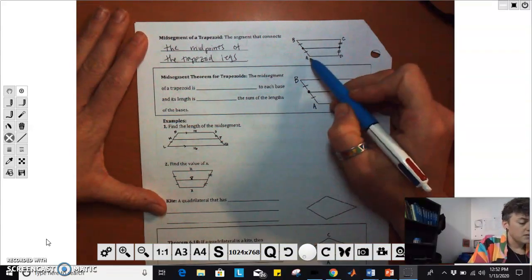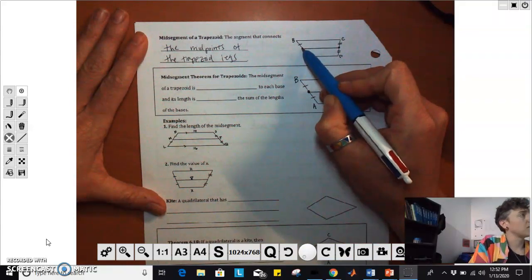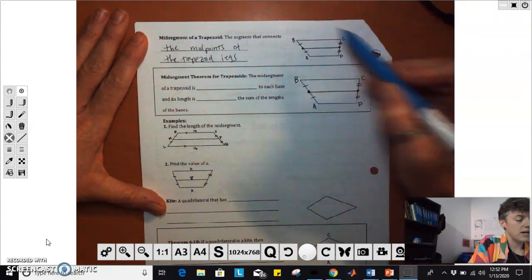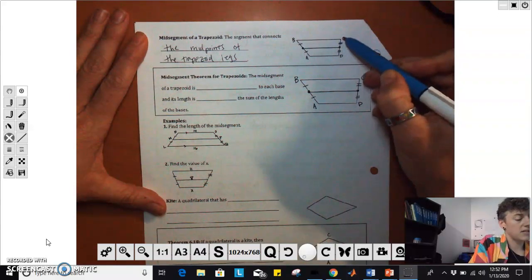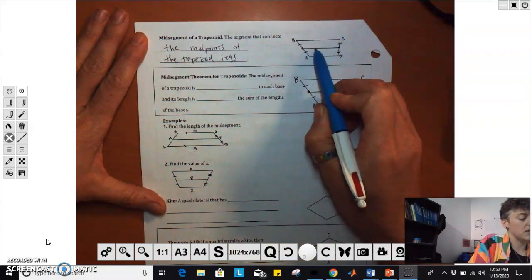Okay, so that means this is a midpoint of AB, and this is our midpoint of CD, our mid-segment, connects those two.